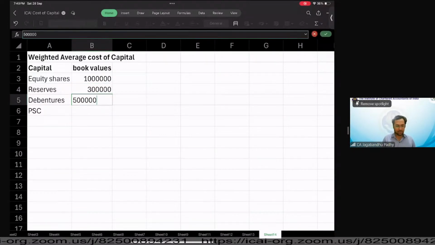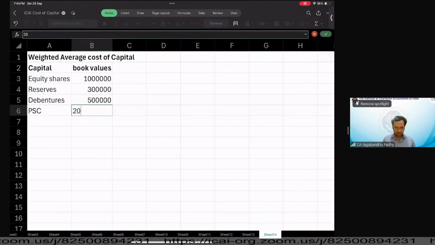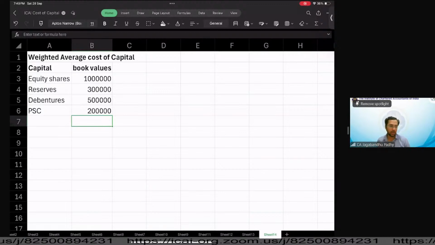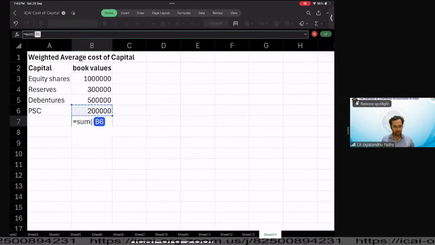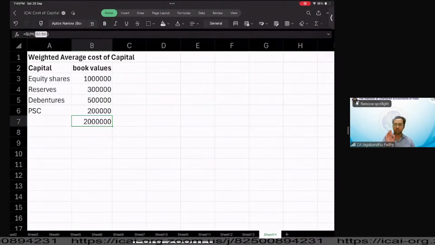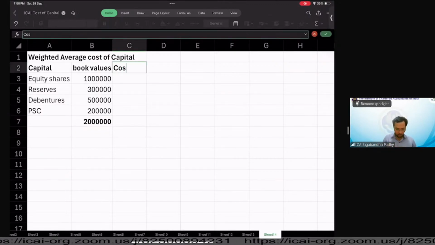We have got 5 lakh debentures in our books. And we have got 2 lakh face value of the preference shares. So when we take a summation, the total capital invested in the company is, let's say, 20 lakh. Now I'm looking for cost.